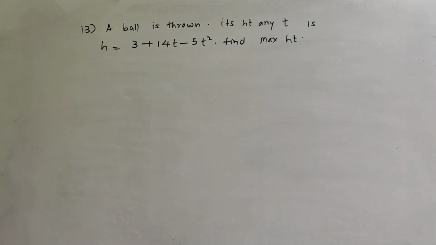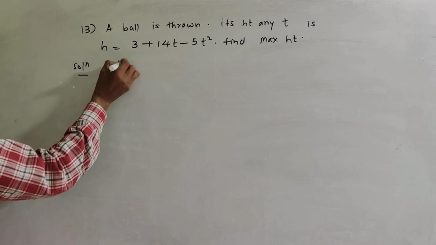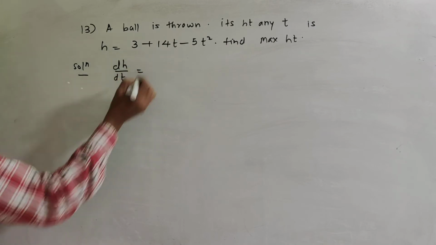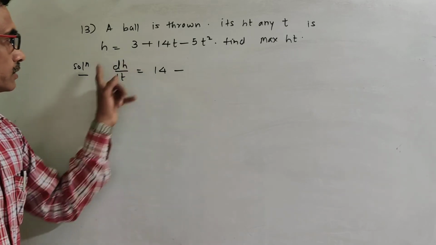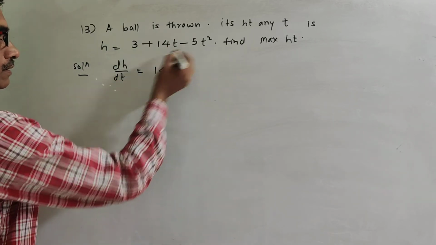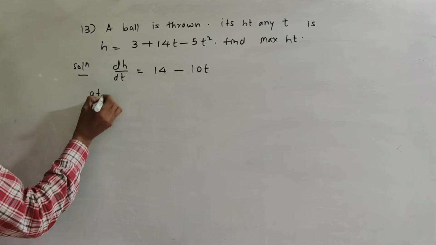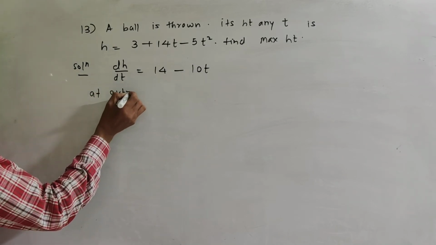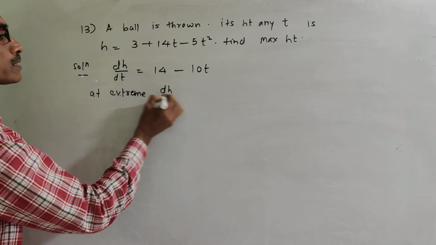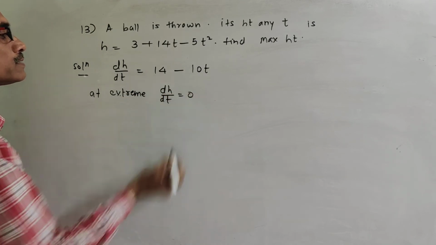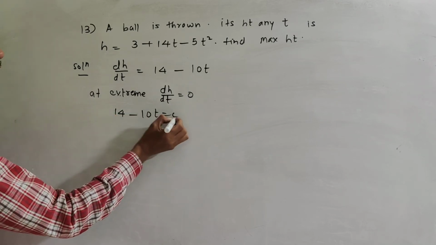The derivative dh by dt is 14 minus 10t. Now at the extreme height, the first order derivative dh by dt is 0, that is 14 minus 10t is equal to 0.